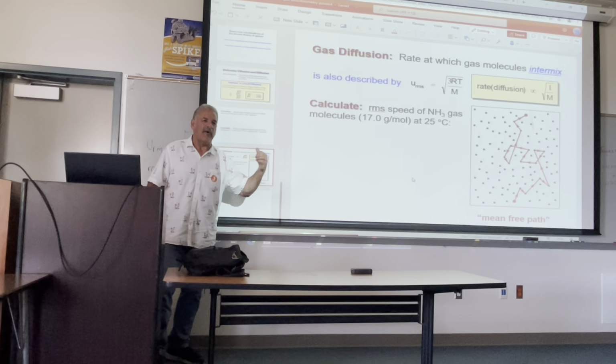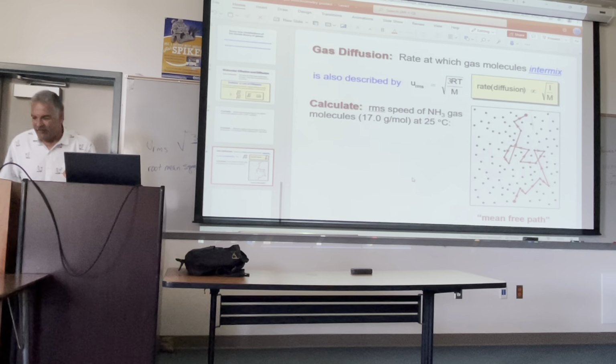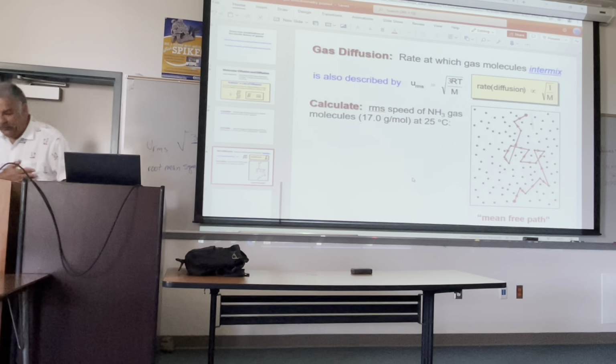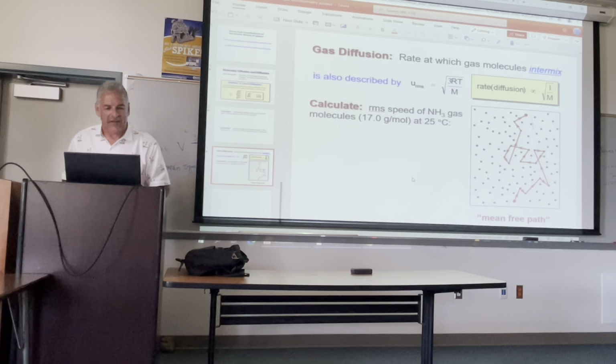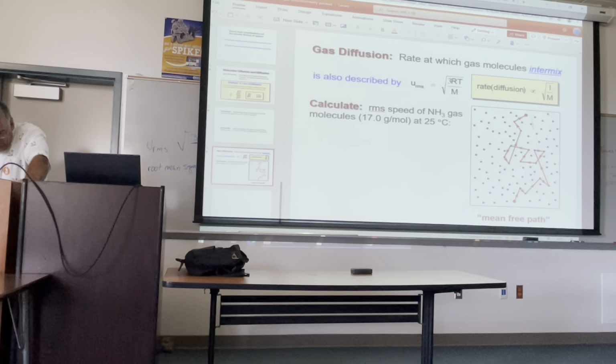The average speed of an ammonia molecule would be 680 meters per second, which is fast, even twice as fast as I said originally. And I don't know how I got half that. I must have forgot to multiply by something. Okay, so that's all we're doing for gases.